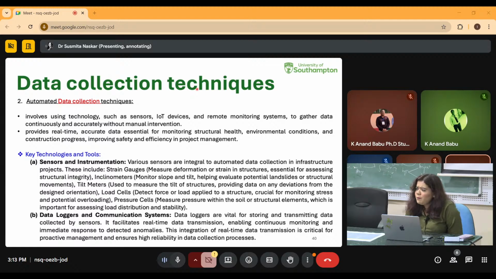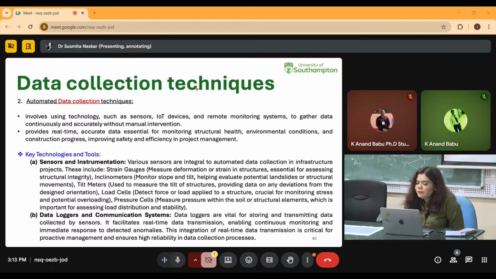One of the most important, user-friendly, and mainly used ones, I think we all know, is the sensor and instrumentation. Among those, strain gauges help us understand the deformation or strain in a structure, which we use to assess structural integrity, right?